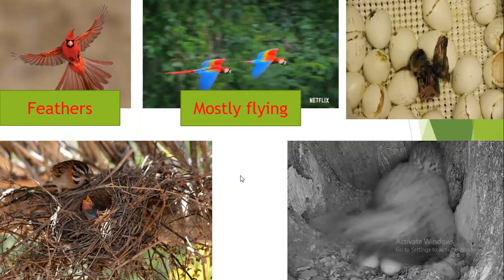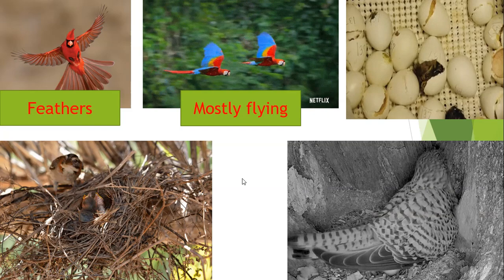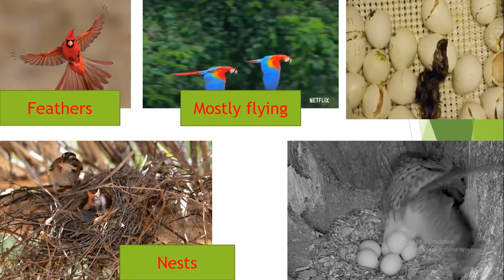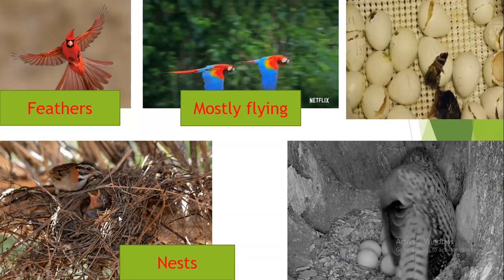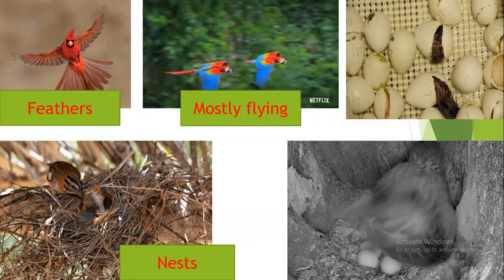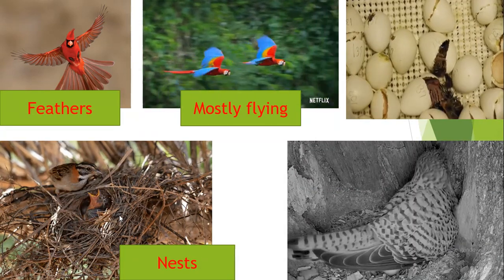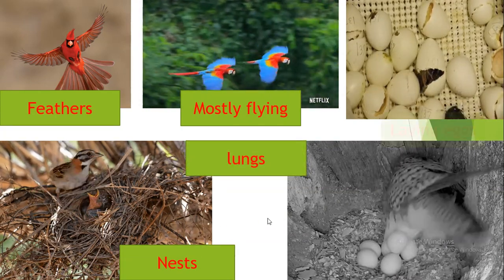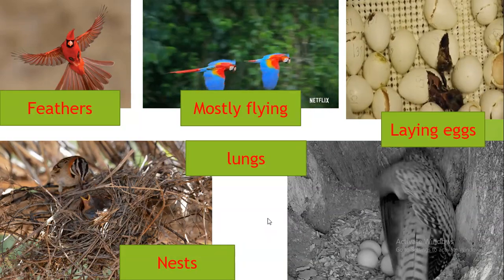Not all of them, but mostly they are flying, and they build nests. And as you can see here, bird parents feed the young until they are strong enough to find their own food. They breathe with their lungs and they reproduce by laying eggs.